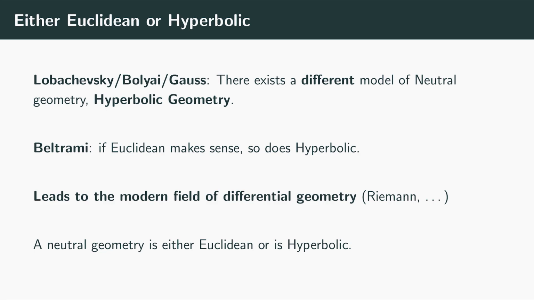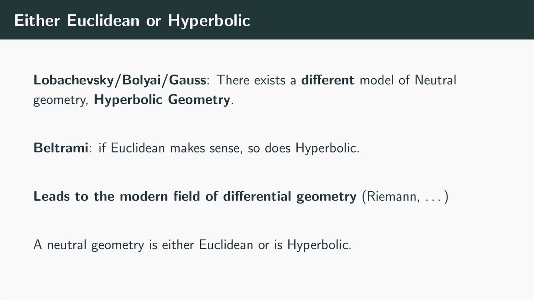And Beltrami basically used Euclidean geometry to, in some sense, construct a model of hyperbolic geometry, and that construction shows that if Euclidean geometry makes sense, then so does hyperbolic geometry. And these ideas led to the modern field of what's called differential geometry or Riemannian geometry. And there are many, many mathematicians associated with that, notably Riemann.